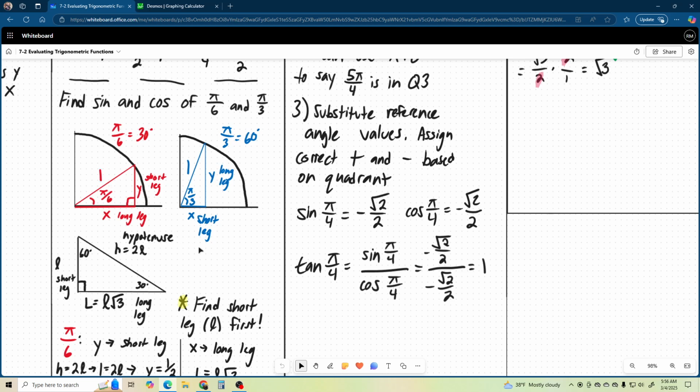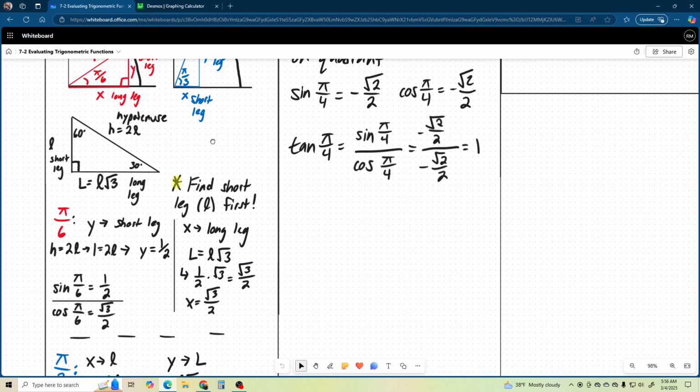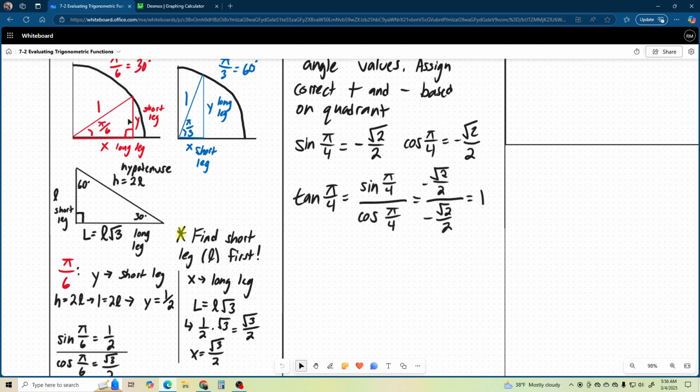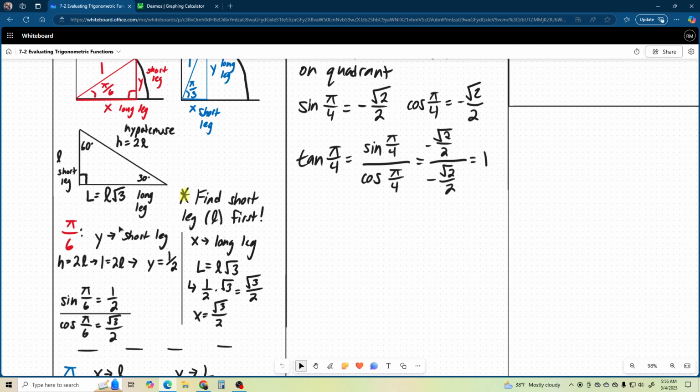So let's just do pi over 6 first, okay? First we know, and this is kind of important too, that y is the short leg, because if this angle is pi over 6, which is 30 degrees, the short leg is always across from 30 degrees. So in this case, y is our short leg and x is our long leg. Okay, so let's find the short leg.